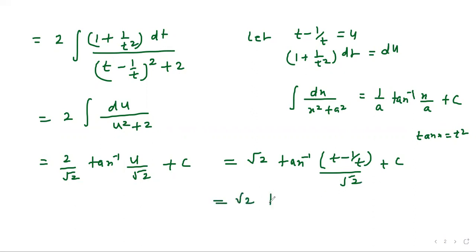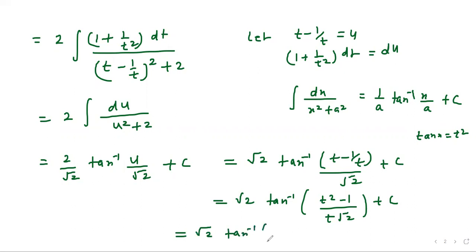It will become root 2 tan inverse, t square minus 1 upon t root 2 plus c, which is further equal to twice of tan inverse. In place of t square, we can write tan x. So tan x minus 1 upon t, and from here t will be root of tan x. And this 2 is also in root. So root of 2 tan x plus c.